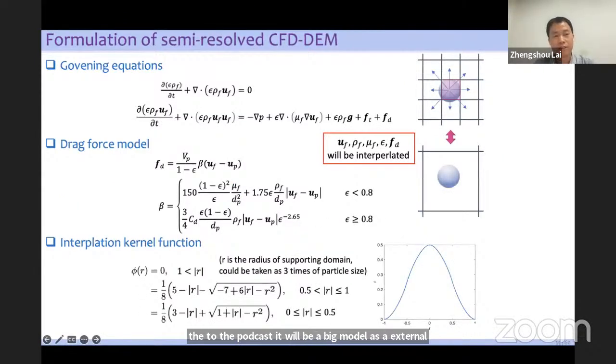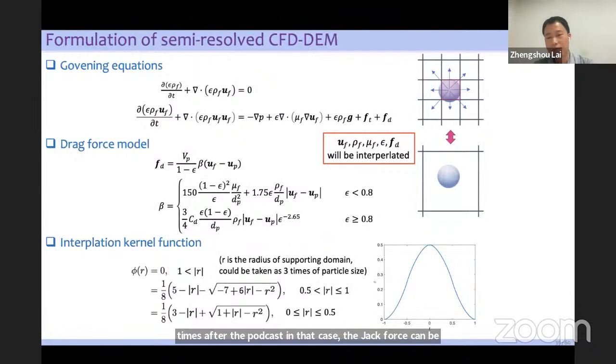And for the semi-resolved CFD-DEM, because the unresolved CFD-DEM has a restriction on the mesh resolution relative to the size of the particles. It requires that the mesh size of the fluid be at least 3 times the size of the particles. In that case, the drag force can be correctly calculated.